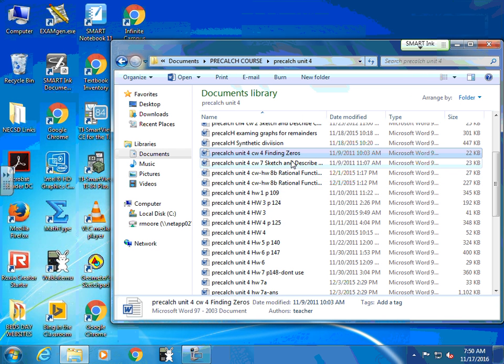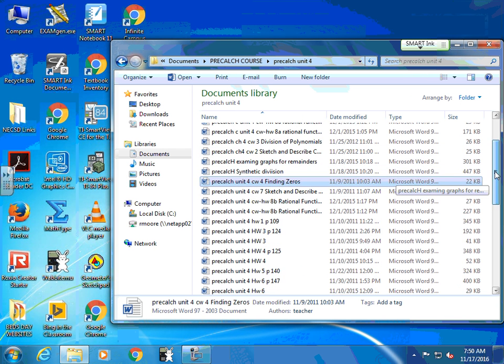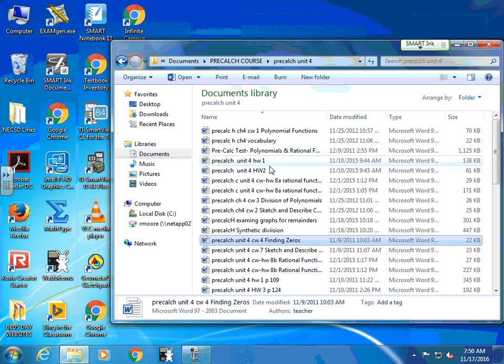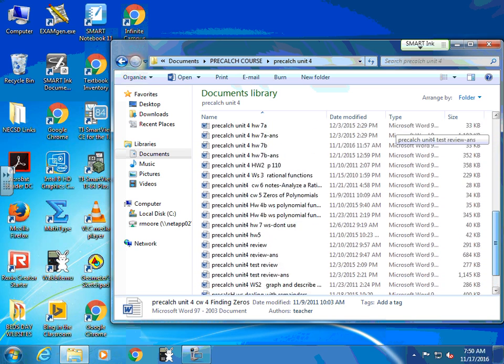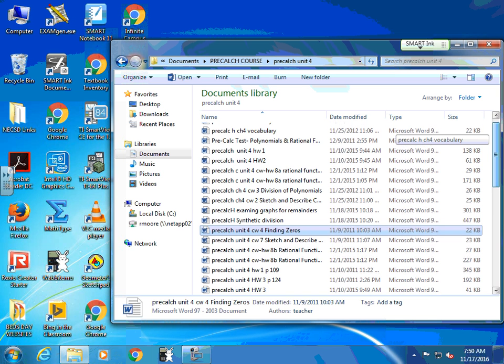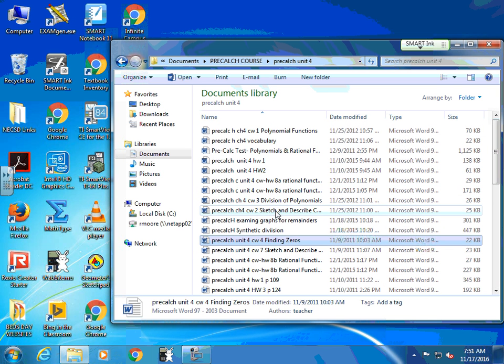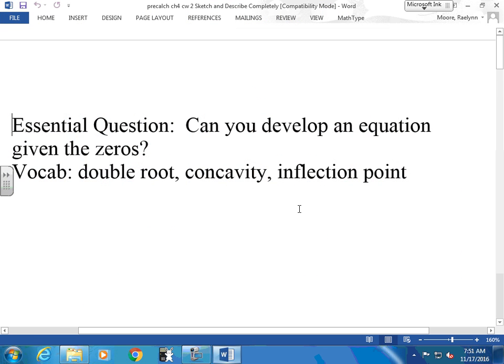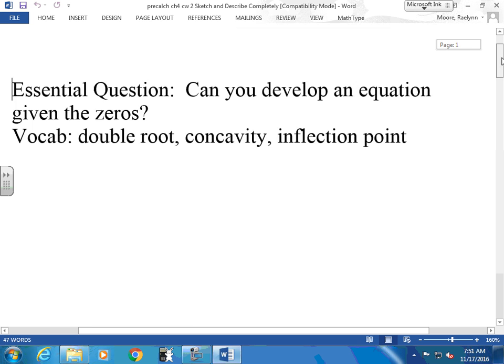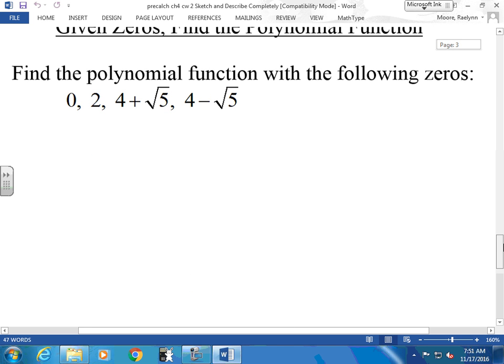Okay. Way back, when we found your equations, let's go back to pre-calc. We're in pre-calc. Let's go back to find a polynomial.